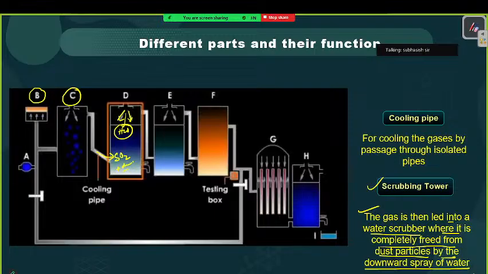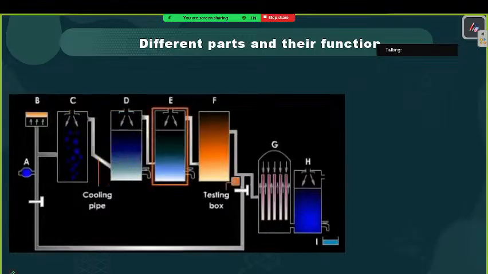Now after step D, we come to step E. Step E is known as the drying tower.